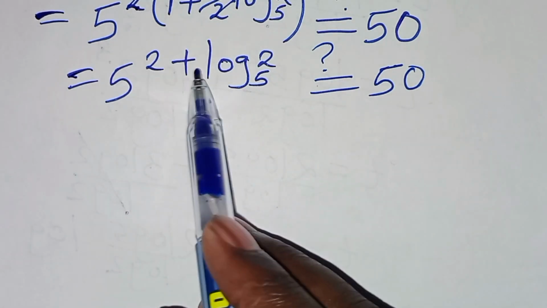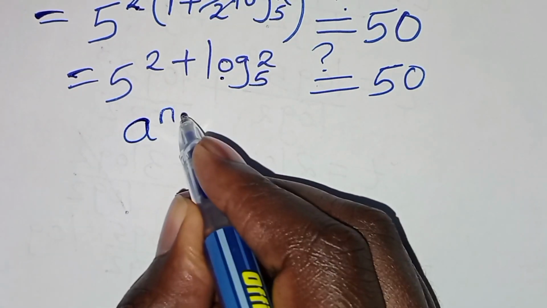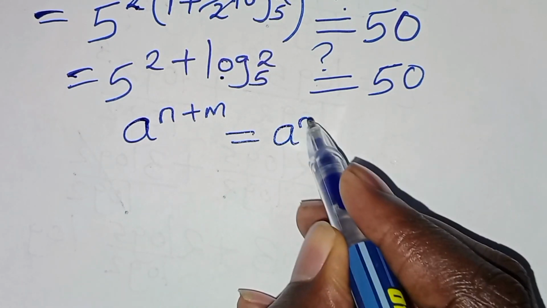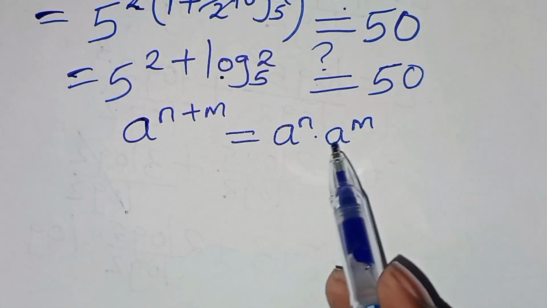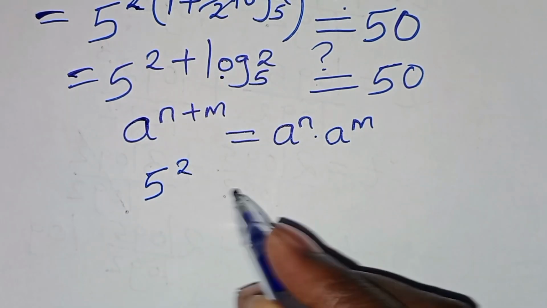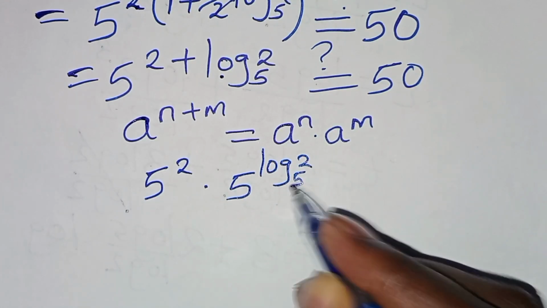Now 5 to the power 2 plus log 2 to base 5 is in the form of a to the power n plus m, which you can express as a to the power n multiplied by a to the power m. Applying this exponent property, we'll have 5 to the power 2 times 5 to the power log 2 to base 5.